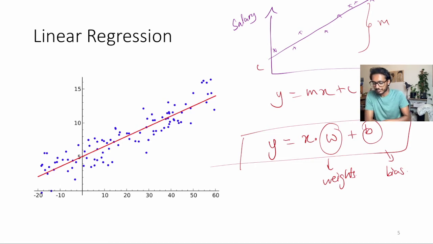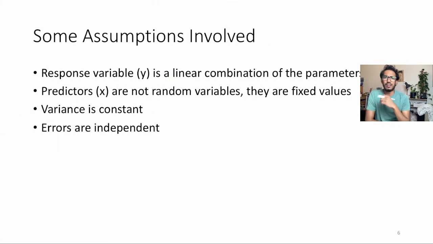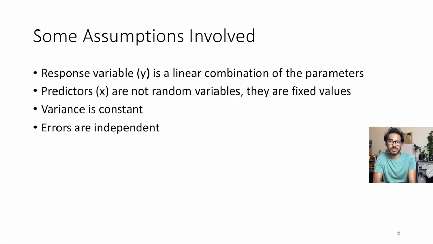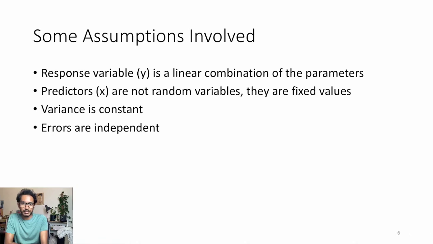So now that we know what linear regression is, where not to use it, and how we are going to use it, we have to know what the assumptions involved with linear regression are. Obviously we assume that our response variable y would be a linear combination of the parameters.